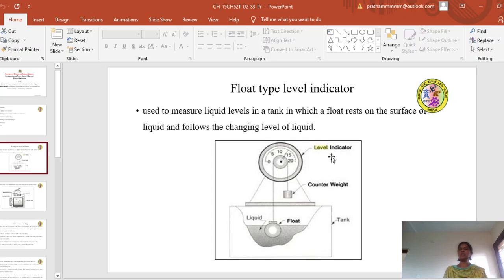Thereby, the pointer moves, which is in turn connected to the float and the counterweight mechanism. The movement of the pointer on the rise or fall of the float indicates the level of the liquid in the tank, as the pointer moves onto the calibrated scale. This is a very simple mechanism.